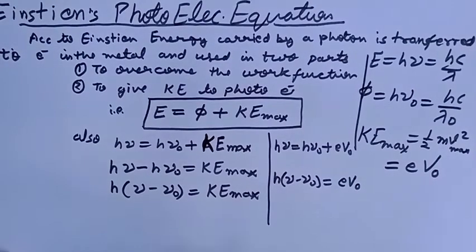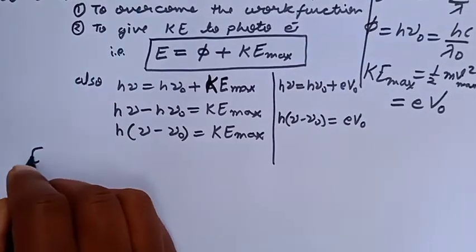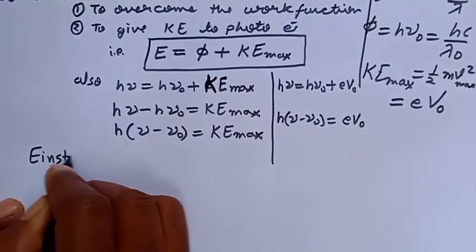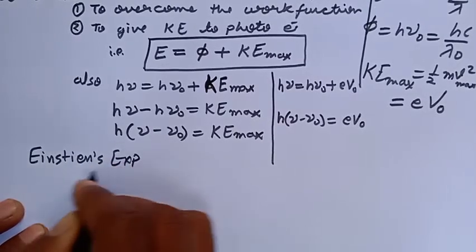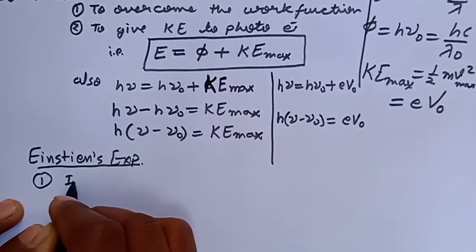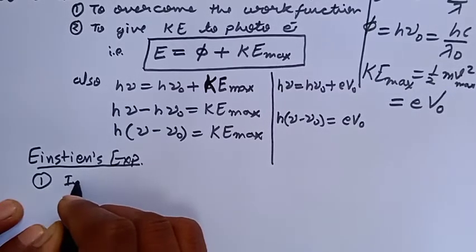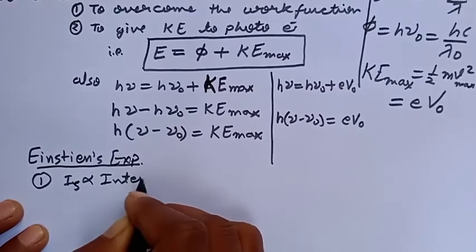So now, Einstein's explanations. First one, intensity: saturation current is directly proportional to intensity.